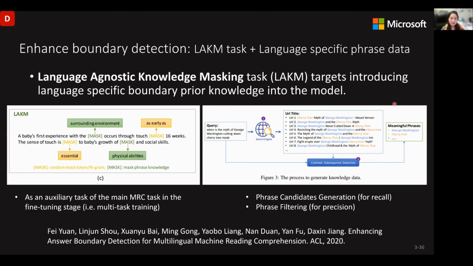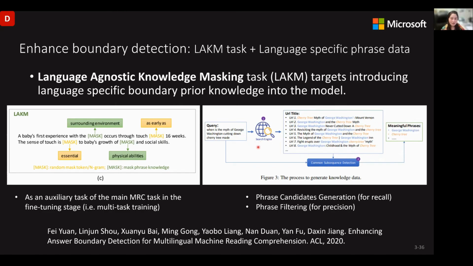Here, the knowledge data is not limited to entities. Instead, it includes all kinds of meaningful phrases. Given a user query, the authors leverage a search engine to get the top-ranked URLs and use the URL titles to first extract the commonly occurring phrases as candidates, then design more features to finally decide the truly meaningful phrases.